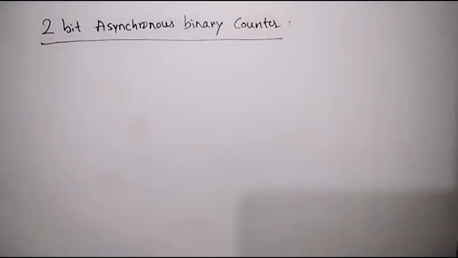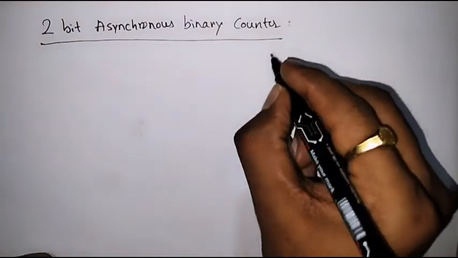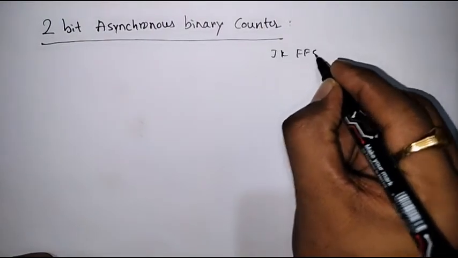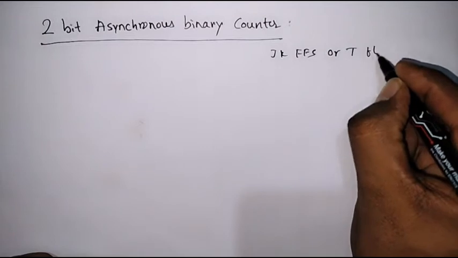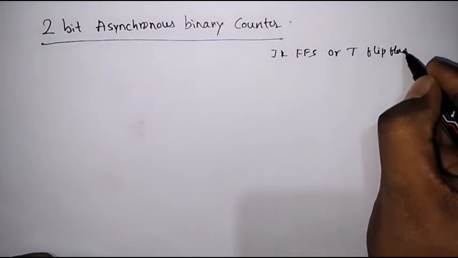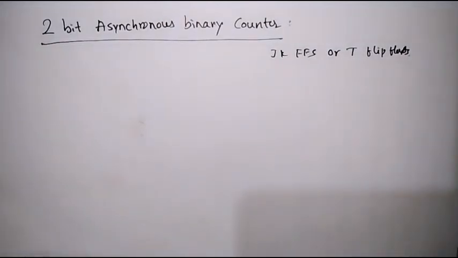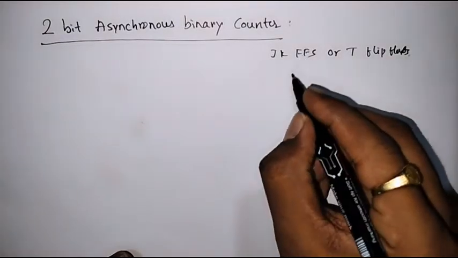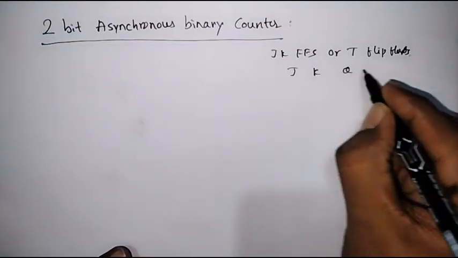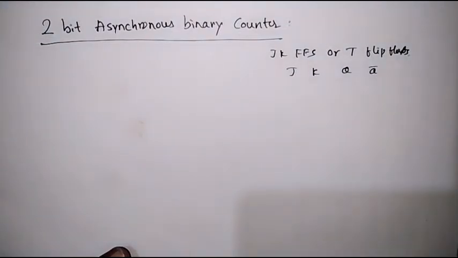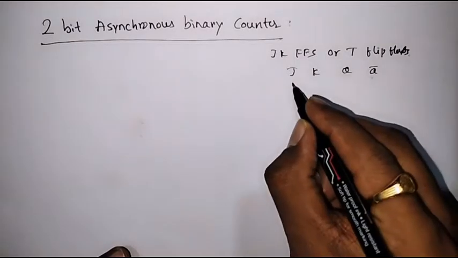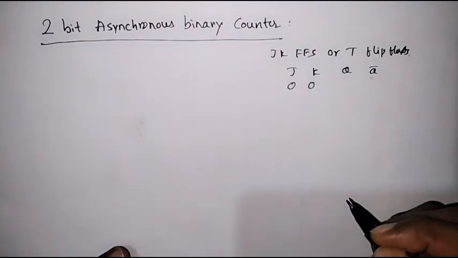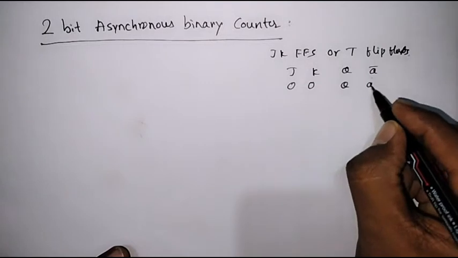2-bit asynchronous binary counter. Usually, to design the counters, we prefer using JK flip-flops or we will use T flip-flops. Let's see the truth table of JK flip-flop for understanding purpose. When both the inputs of JK are 0, 0, there is no change in the output.